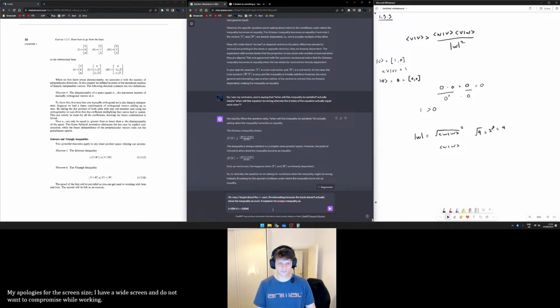It's interesting because the book doesn't actually show the inequality as such, as you have described it. It explains instead the Schwarz inequality as... Now, is that the same?